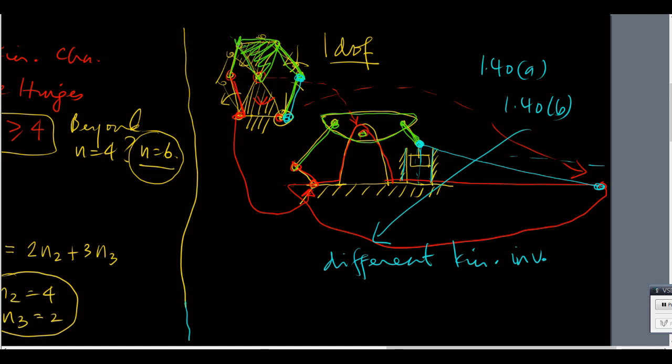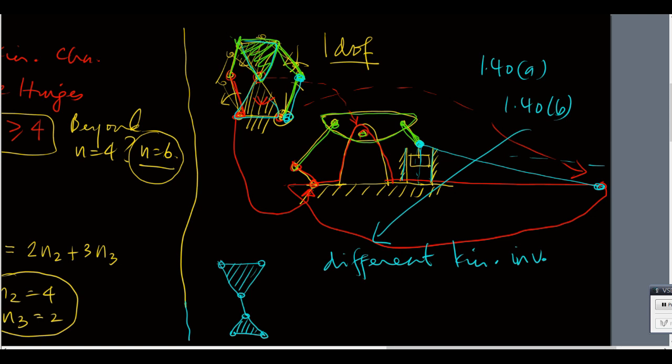Instead of these two ternary links being directly connected, they could be separated also. So for example, we could have a situation where these ternary links are separated. They are connected through a binary link. Okay, so now there are 4 binary links. Here are my 2 ternary links. There are 4 binary links.